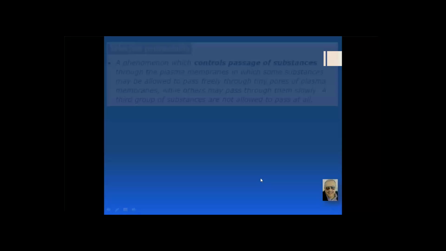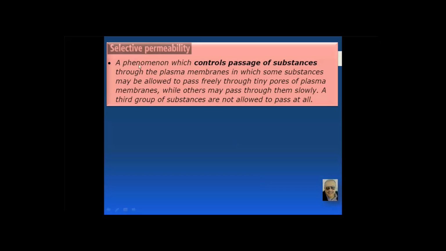Selective permeability. A phenomenon which controls the passage of substances through the plasma membrane, in which some substances may be allowed to pass freely through tiny pores of the plasma membrane, while others may pass through them slowly.